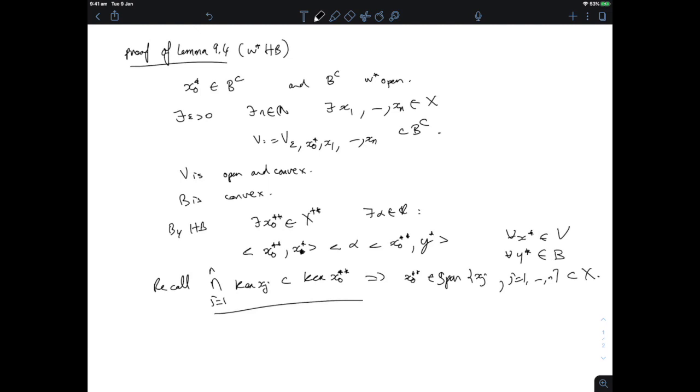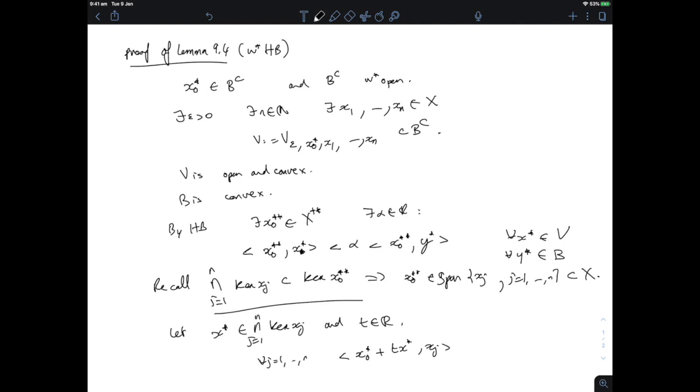So, okay, let's do that. Let's take an element x star in the intersection of the kernels of the xj's and see what this gives. So if I have an element like that, and I give myself a bit of room, so I give myself a scalar number t, I'm going to have that for every j. Okay, what happens when I test x naught star plus t x star on an xj?